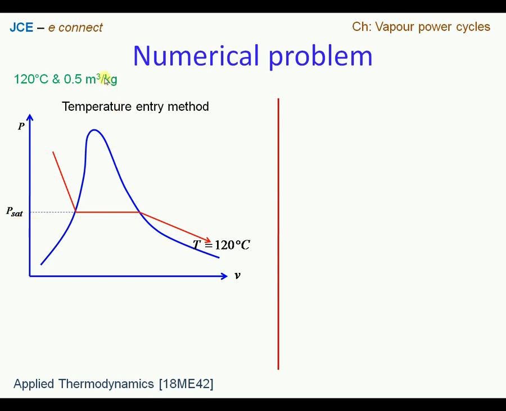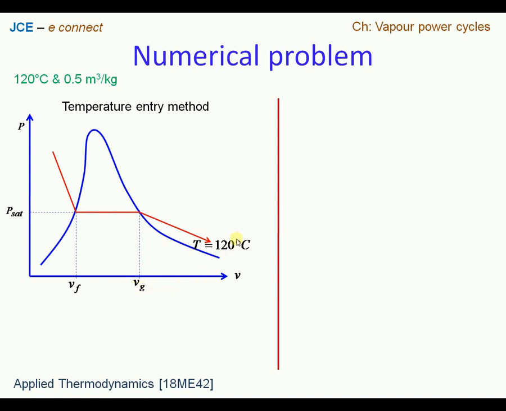Further, here we don't have pressure, but instead we are given specific volume. Therefore one can compare the volumes related to the saturation dome for this particular curve of 120 degrees Celsius. We have the specific volume at the saturated liquid point, denoted as Vf, and the specific volume at the dry saturated condition, denoted by Vg.